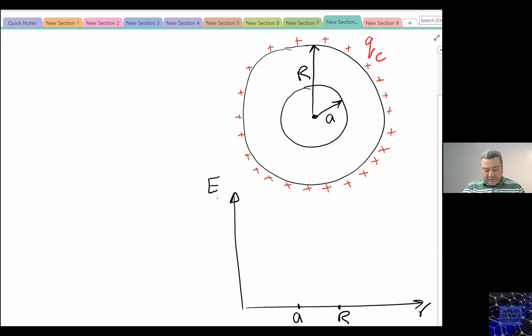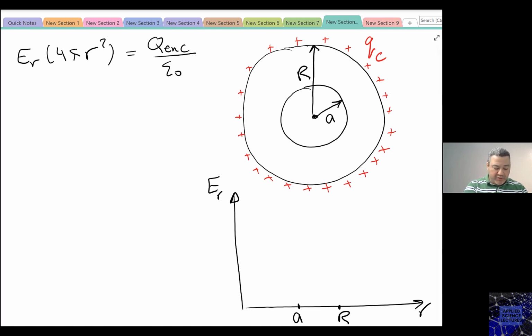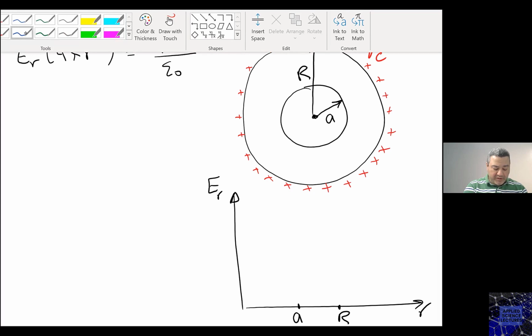We'll put the two distinguished points as well, which are the point A and the point R. Then we need to write the expression that we derived earlier: E(r) times the area of the closed surface of the sphere, defined by the Gaussian surface, equals Q enclosed divided by epsilon naught.